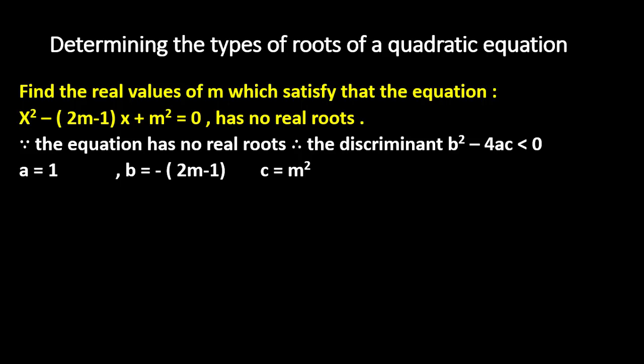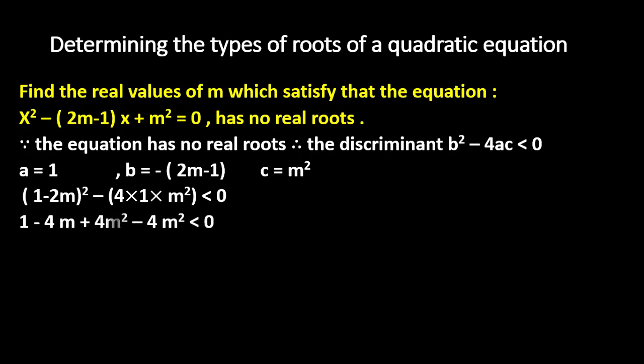I want b power 2 minus 4ac less than 0. So I'll calculate them. Here negative (2m minus 1) means negative 2m plus 1. It means (1 minus 2m) all power 2 minus 4 multiply 1 multiply m power 2, which is 4ac. Okay, should be less than 0.